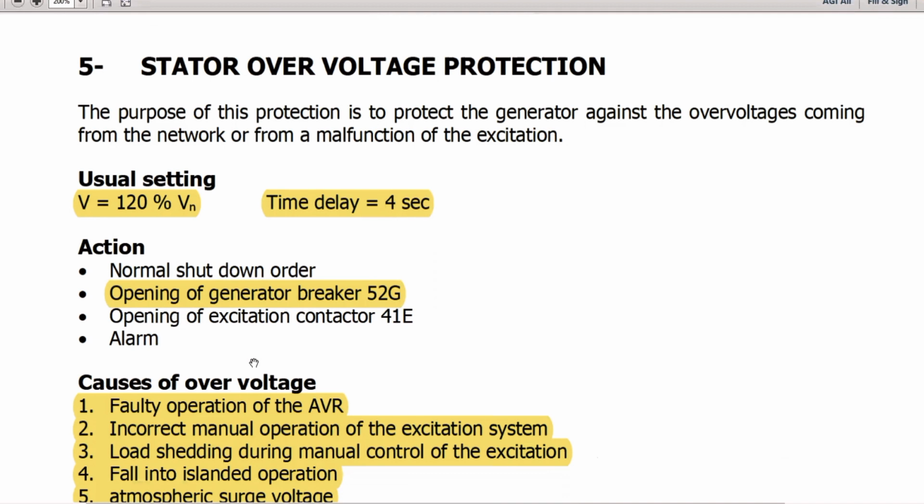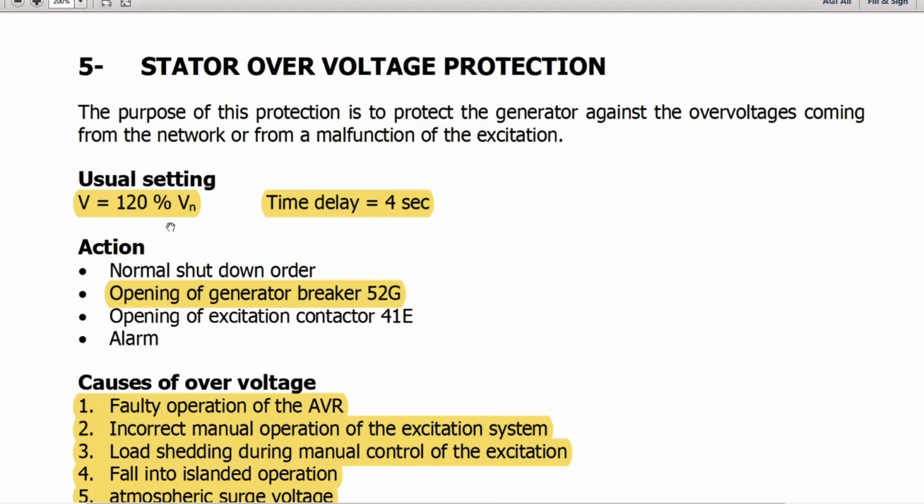stator overvoltage means the normal voltage is, for example, the terminal voltage of 20 kV. Its setting is at 120% overvoltage. A normal generator can be operated at plus or minus 5% or plus or minus 10% voltage.